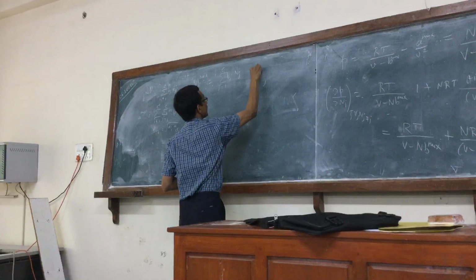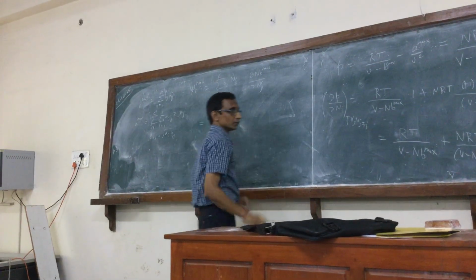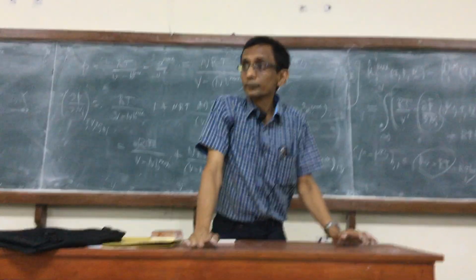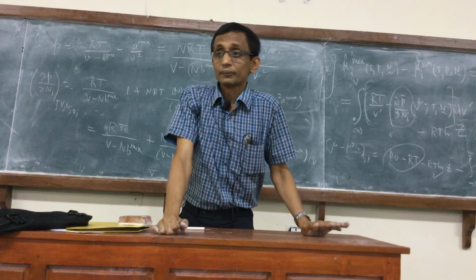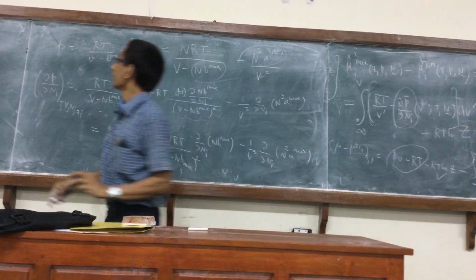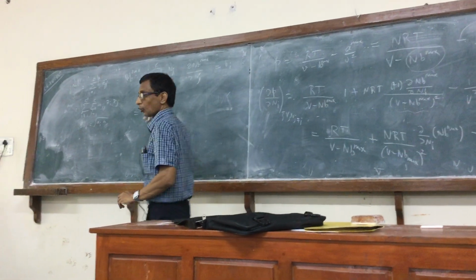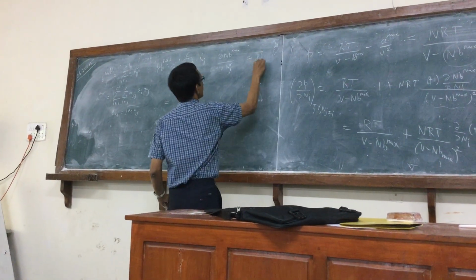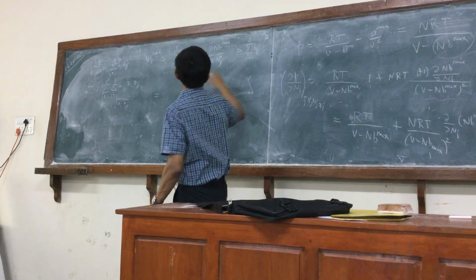Now what is d n B mix by d n_i? j is a summation index, and B_i, so this is clearly B_i. A way of more formally writing it is simply to differentiate this, and we know dn_j by dn_i is delta_ij.